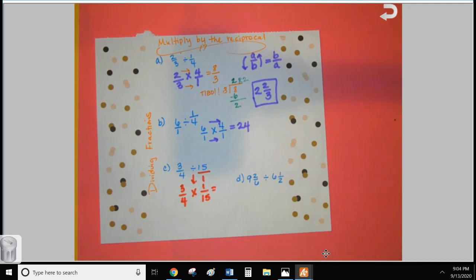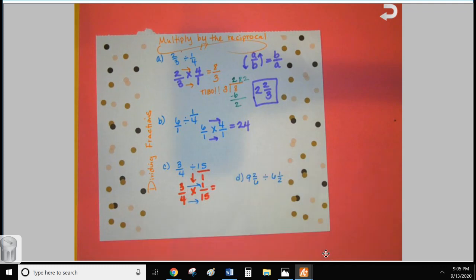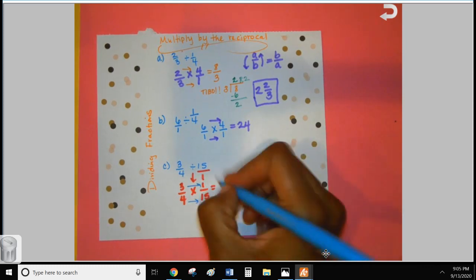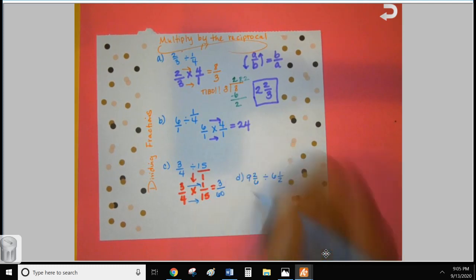We will multiply straight across as normal to get our answer. We get 3 times 1 is 3. 4 times 15 is 60.